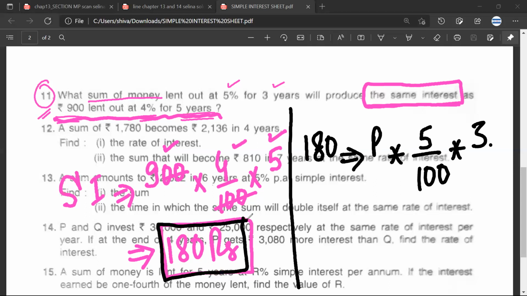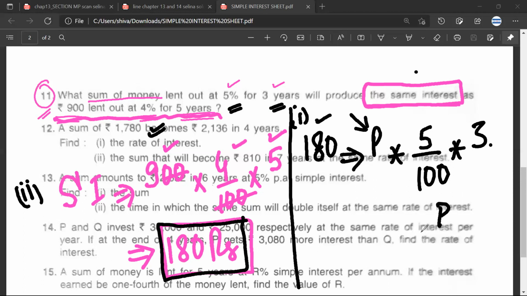So this interest 180 rupees would be the same interest which is for the first part. The first part is what sum of money. So you have to find the principal, and the rate of interest and the time is given. Interest is as per the second part. So basically in this question you start the second part first and then you come to the first part.